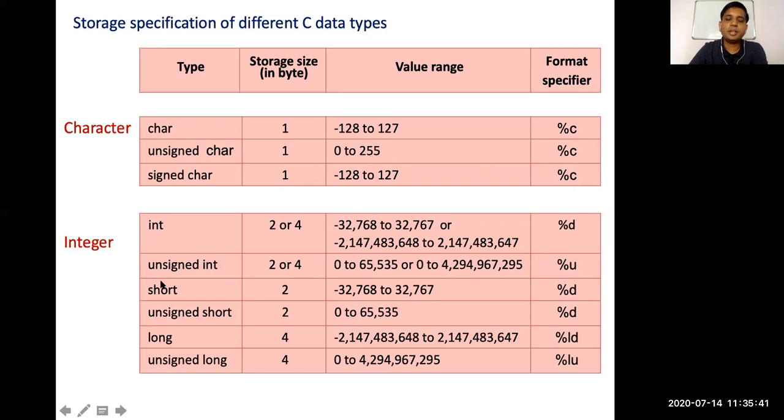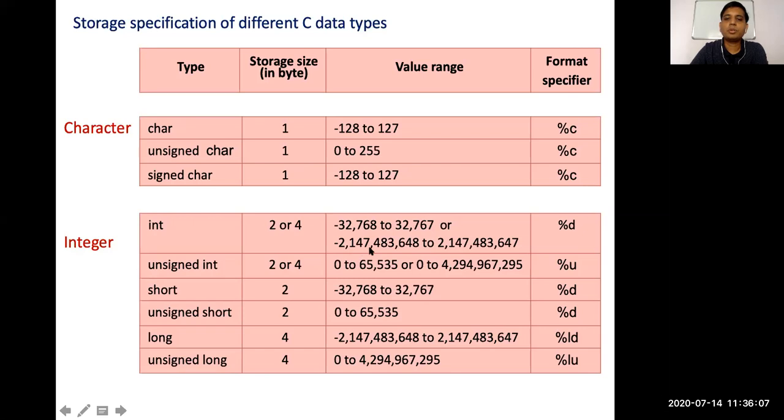Next is the integer. Integer has a storage size of 2 or 4 bytes. If it is 2 bytes, then the range has a maximum value of 32,767 and a minimum of -32,768. You should remember it. Now for 4 bytes it is difficult to remember.